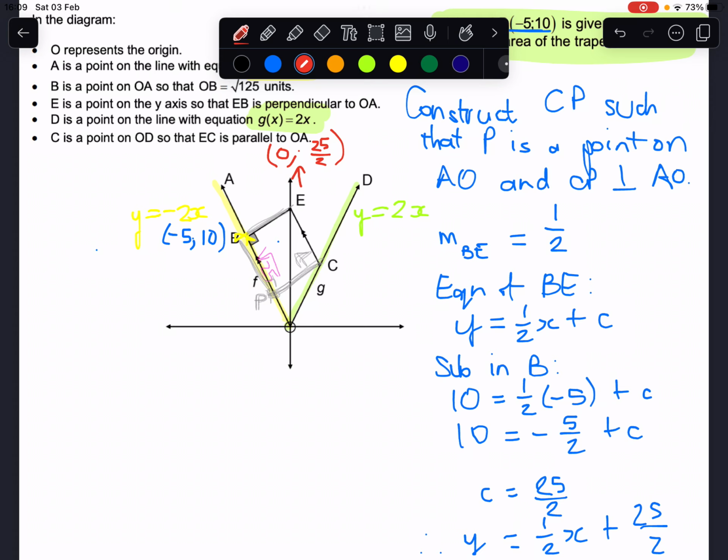All righty then. That gives us enough information to work out the length of BE, so let's go ahead and do that. Let me shrink this.